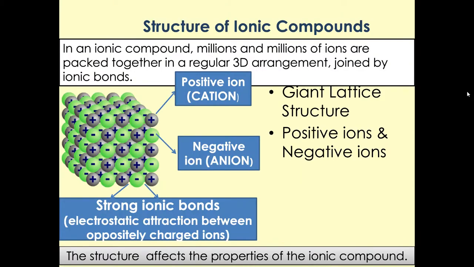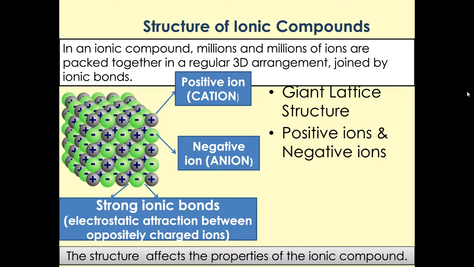If we look at the structure of ionic compounds, an ionic compound has millions and millions of ions in a regular repeating arrangement called a giant lattice structure. You've got positive and negative ions. In this case, that could be something like sodium chloride, where you've got one positive ion for every one negative ion.